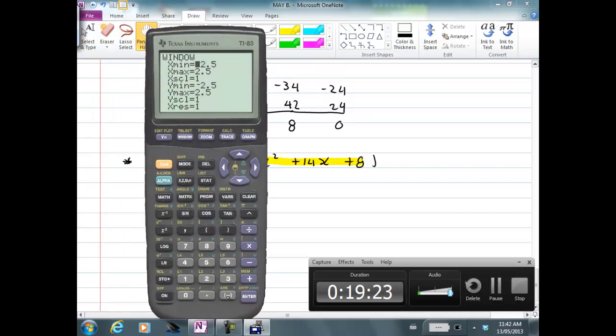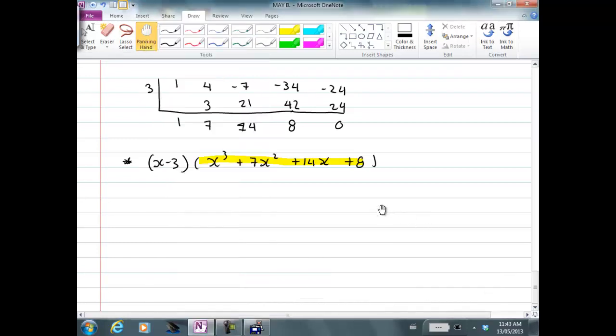So let's change my window a bit. There we go. So Tanvir, did you have that picture? What was one number that works that gives you 0? x equals negative 2. So we know, I'm going to use synthetic again.